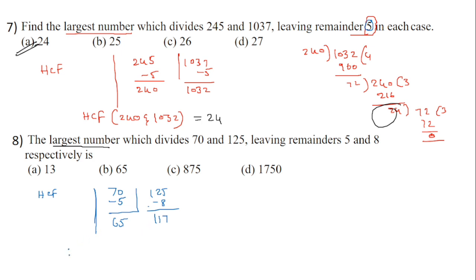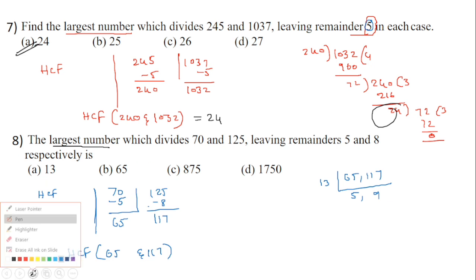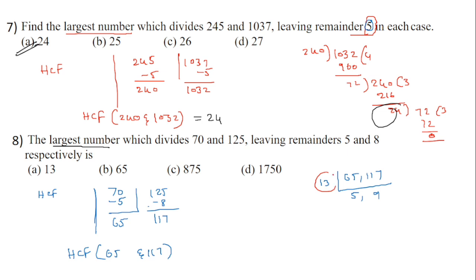So the required largest number is the HCF of 65 and 117. We will use the common division method. 65 and 117 will come in the 13 table. It is 5 times and 9 times. So 5 and 9 will not come in any other table. So the HCF will be 13.